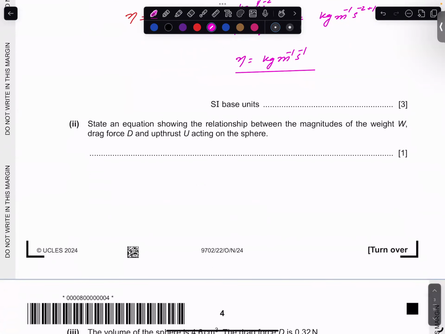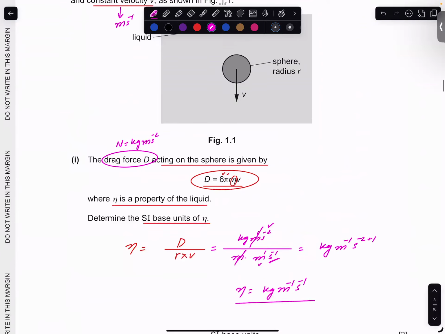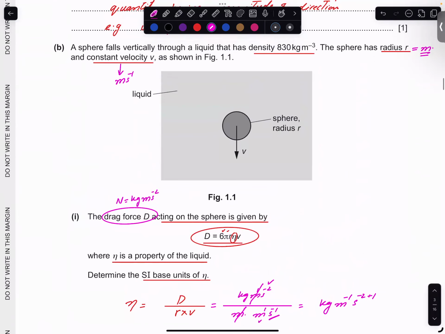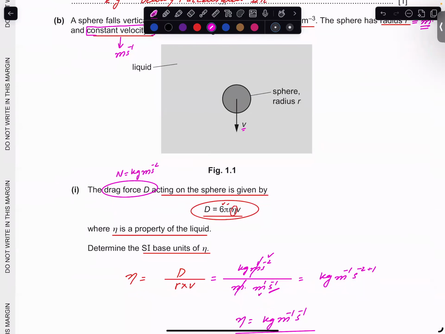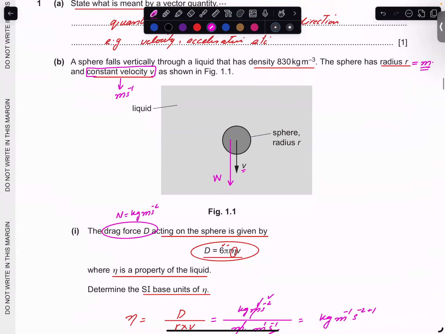State an equation that shows the relationship between the magnitude of the weight, drag force, and upthrust. As mentioned by the examiner, this sphere has a constant radius and constant velocity. It means this object has a constant velocity downward. So when the object is moving downward, the weight of the body acts downward. Whenever an object moves in a fluid, the drag force always acts opposite to its velocity.